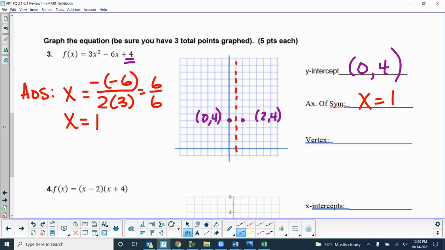The only other point I need to get is what? The vertex, right? Wait, Mr. Mattingly, do you have to label them? Yeah, for the 3 points, let's label them. Okay? Alright, so then find the vertex. I'm putting 1 in place of the x.